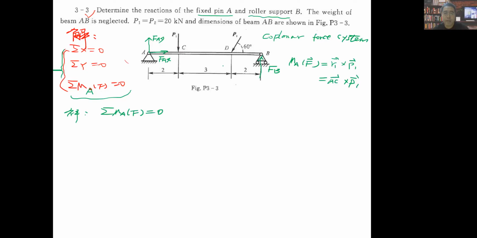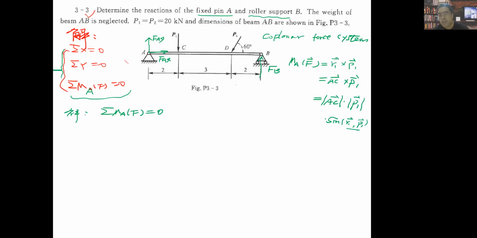And because our problem is in the plane, a coplanar force system, this will be easy to calculate, because from mathematical knowledge, it will be the absolute value of vector AC times the absolute value of force P1 times sine of the angle between r and P1.